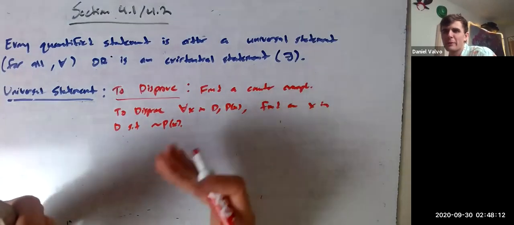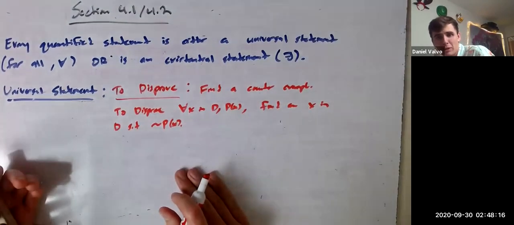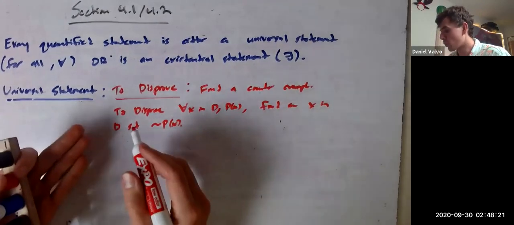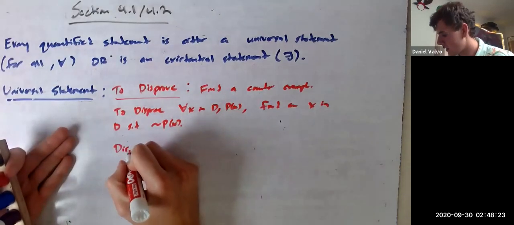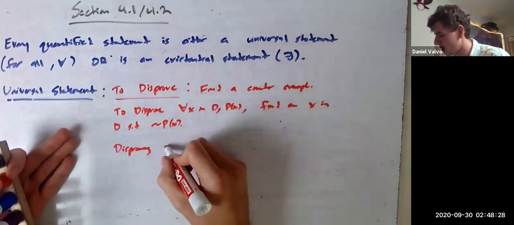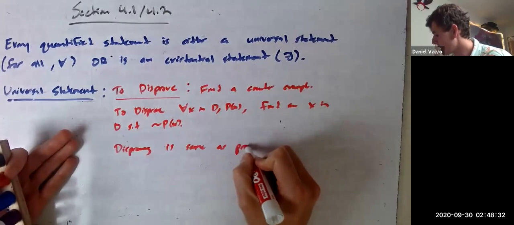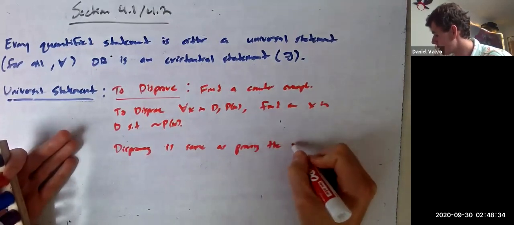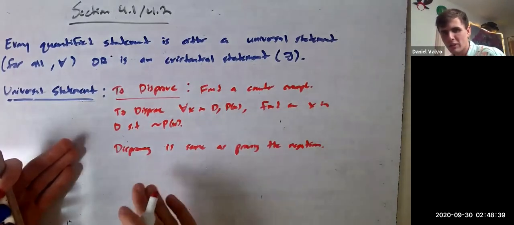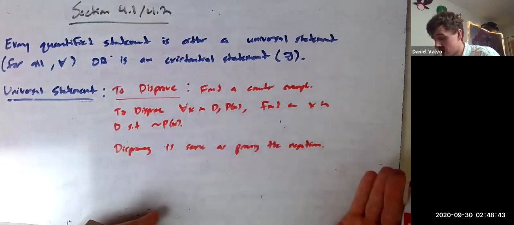I've kind of been treating these as different things: proving a universal statement, disproving a universal statement, proving existential, disproving existential. They're really the same thing, right? Disproving is the same as proving the negation. If you're saying something's false, something's not true, that means its negation is true.